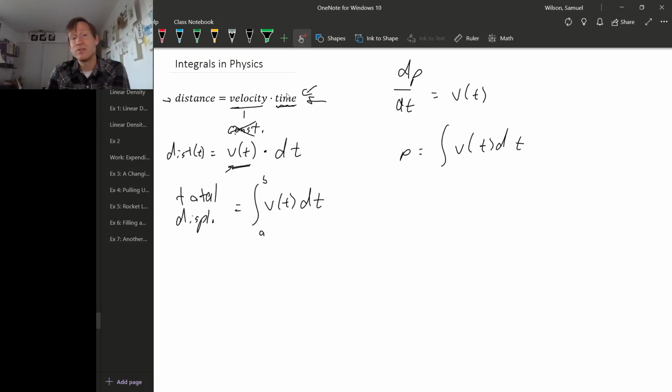So what we did here was we started with some physical equation that was true only if everything involved is a constant, and to handle the situation where things aren't constants, we break it down into infinitely many infinitely small pieces. In the infinitely small pieces, everything is a constant just because everything is so small that it doesn't have time to change.